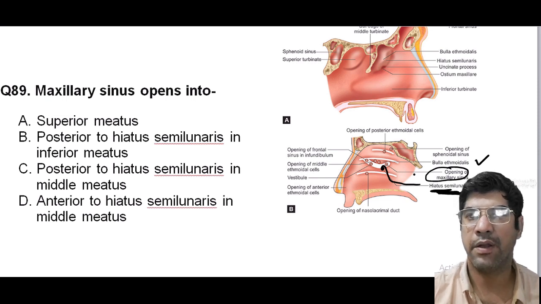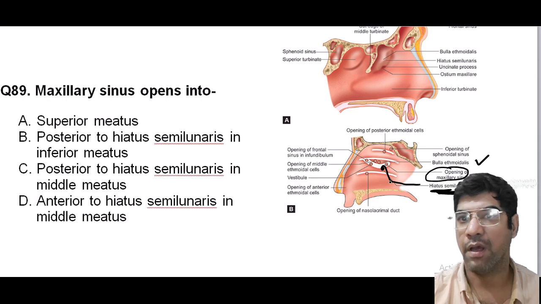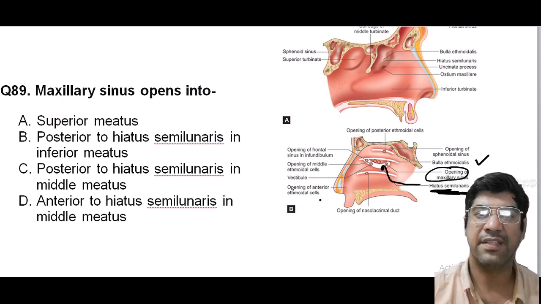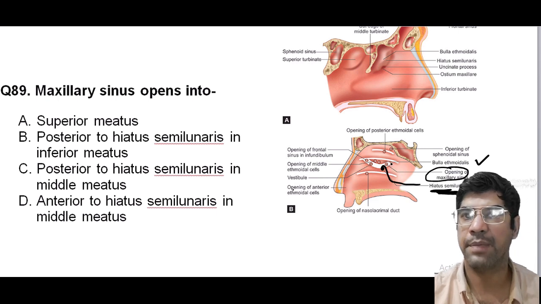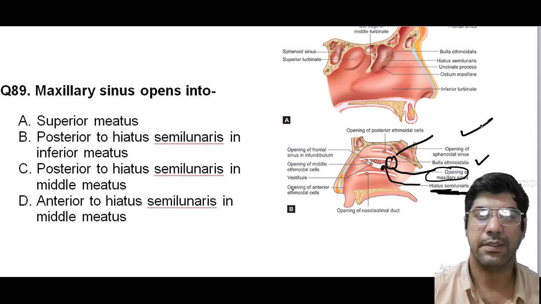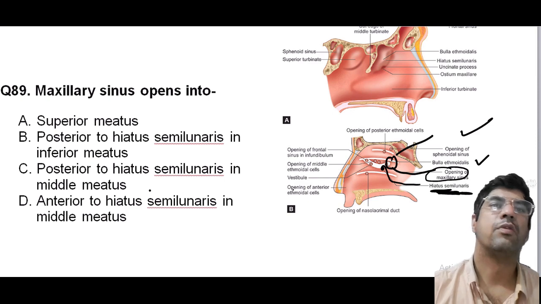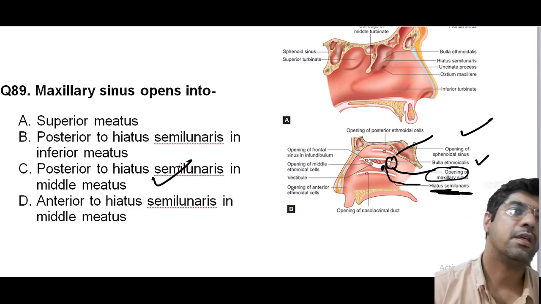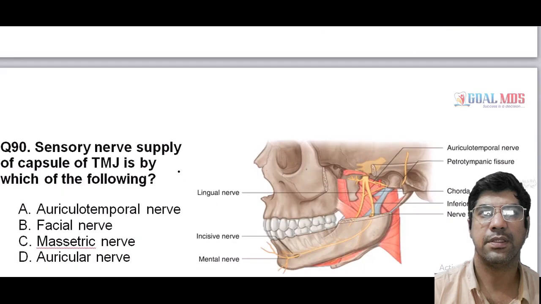Anterior to the hiatus semilunaris the frontal sinus opens. Posterior to the hiatus semilunaris is the opening of the maxillary sinus, and superior to it the middle ethmoid sinus opens. So the answer is posterior to the hiatus semilunaris in the middle meatus.